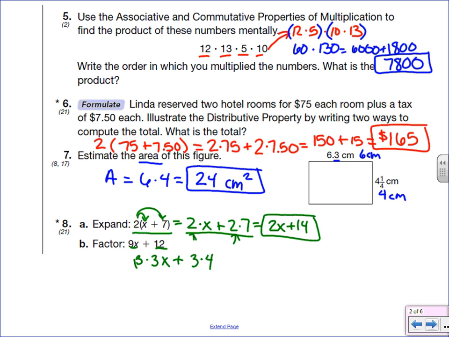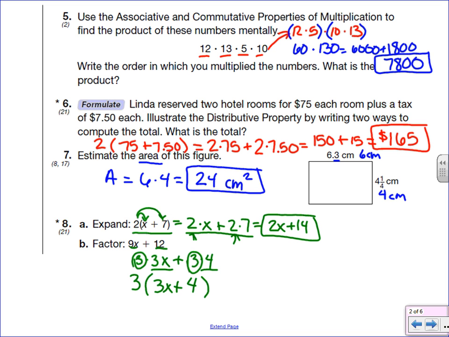And now I can see that both of these have a factor of 3, just like in problem B, both of them had a factor of 2. So that factor of 3 can be pulled out front of parentheses, and then what's left is 3x plus 4.